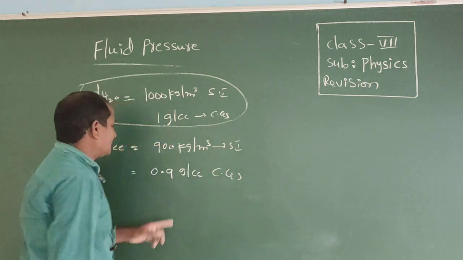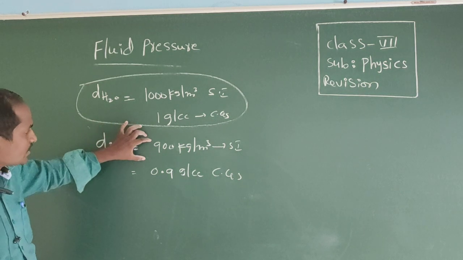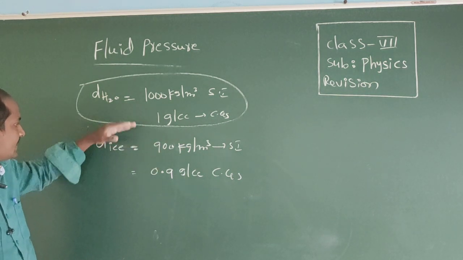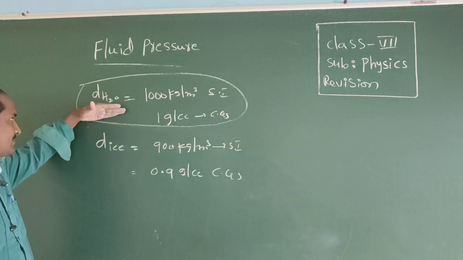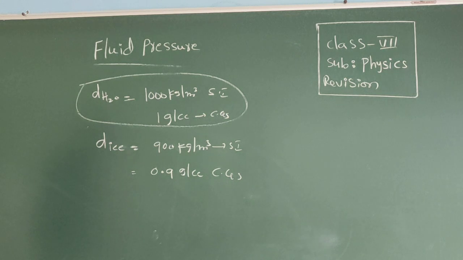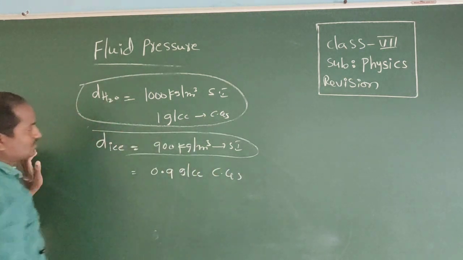So the density of ice is less than the density of water. That is the reason ice floats on water.